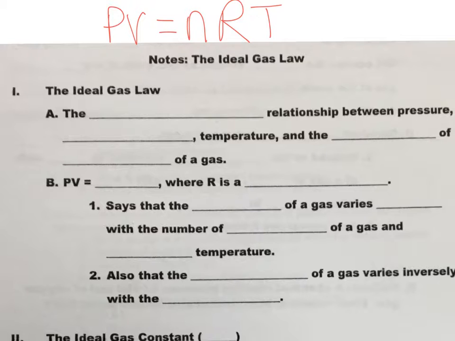Okay, and so this little gas law is the combined, and I'm going to say direct, relationship between all our variables that we've seen before: pressure, volume, temperature, and the number of moles of gas.